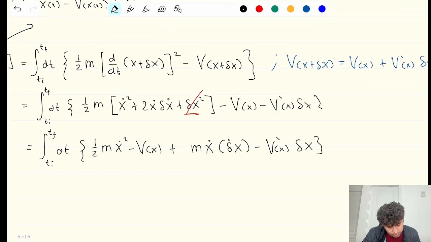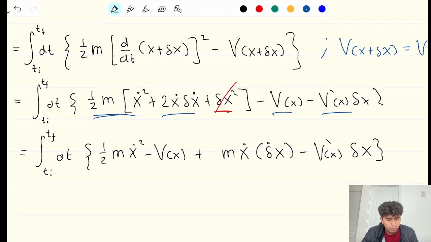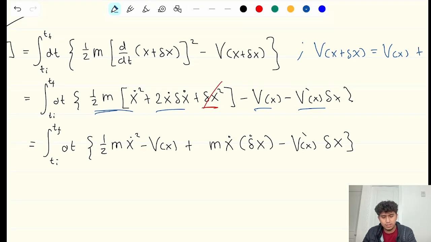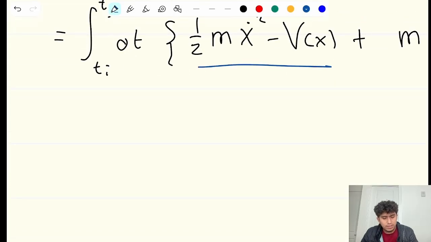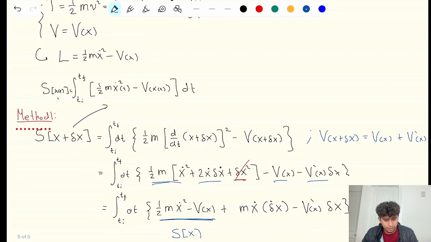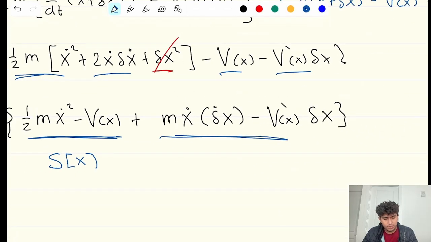Okay, let me check this is right. So here we have this term, then this term, then this term. Cool. We have all the terms and we neglected higher orders. Great. You can notice this is the original action. If you look above, it's the same thing. And then we found the variation. This is the variation of the action.